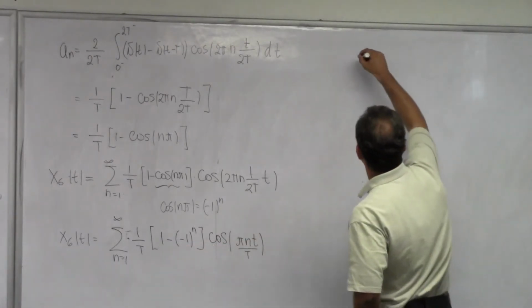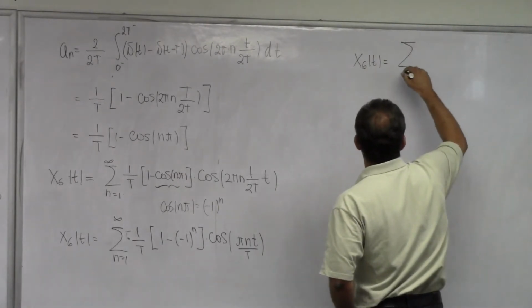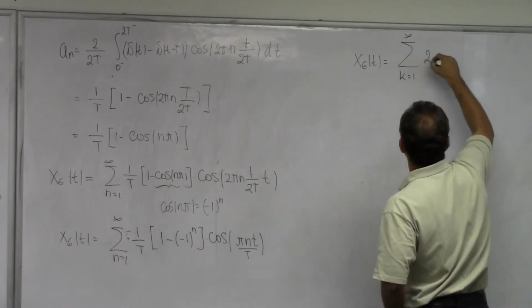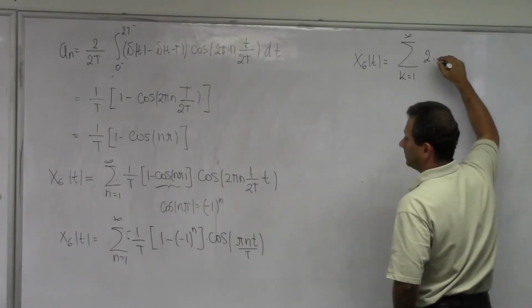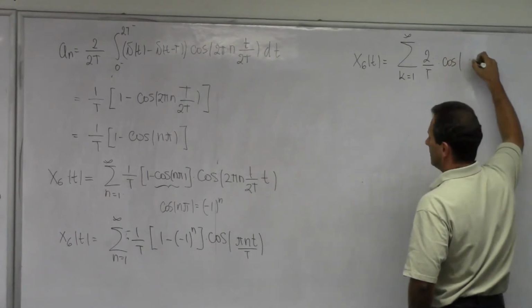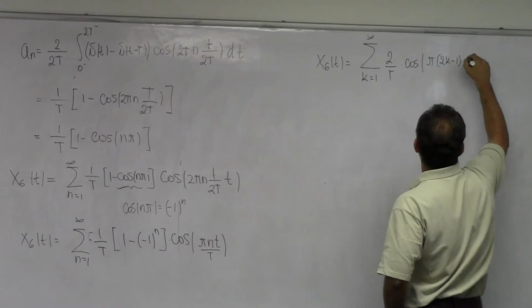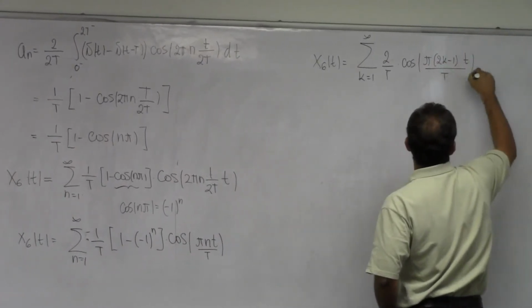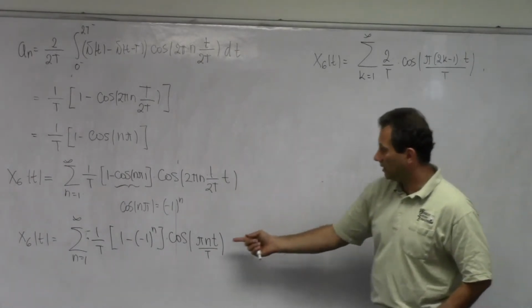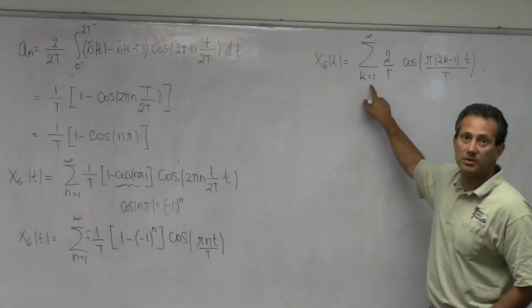So an alternative way to write this would be x6 of t equals the sum, let me say k goes from 1 to infinity, of 2 over T times cosine of pi times 2k minus 1 times t over capital T. So that's a simplified version of it, because I'm just eliminating the n's which are even and keeping only the odd terms.